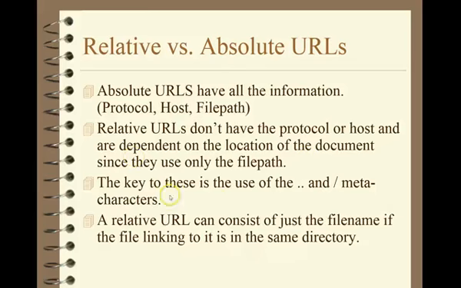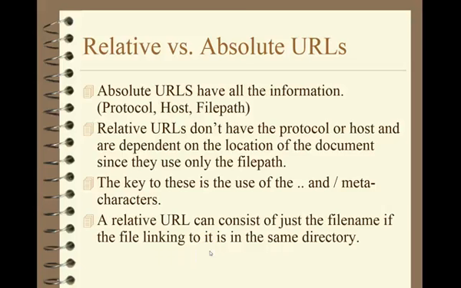The key to these relative URLs is these meta characters. We have the double dot, which means go up to the parent directory. They have the slash meta character, which indicates the root and is also the separator between directories. You should be familiar with this from the file system.